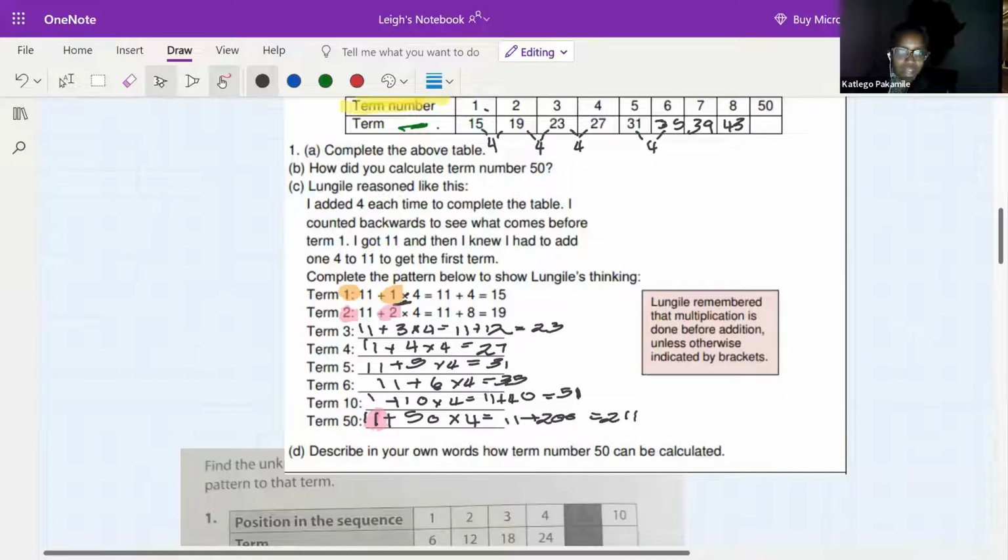You're getting the hang of it. So number D, describe in your own words how term 50 can be calculated. Let's say it in words. Tenji, do you want to try and tell us in words how we get to term number 50? Okay, Boucher.